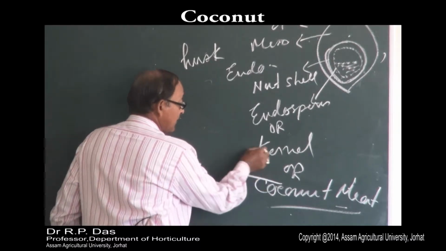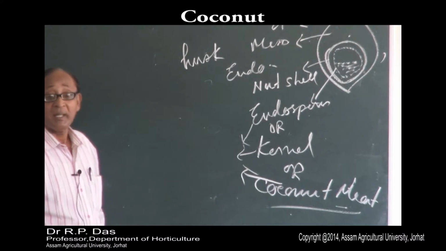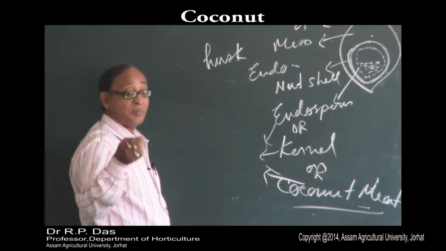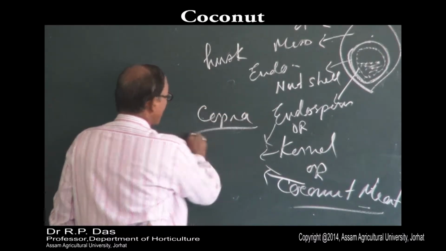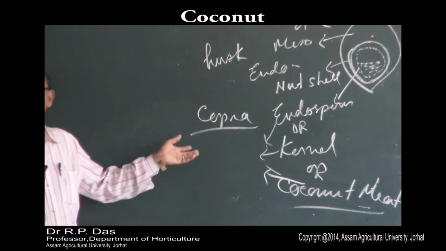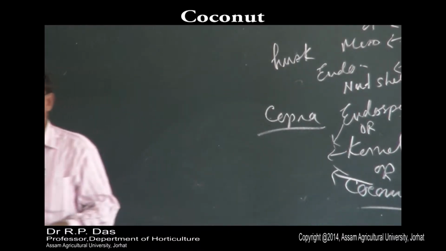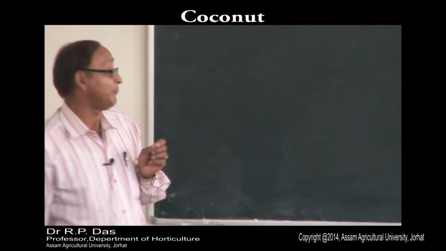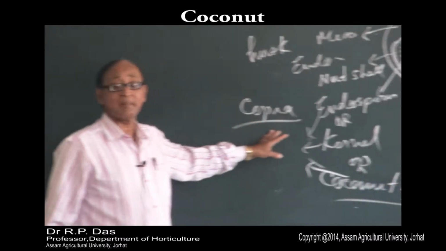But this kernel or endosperm or coconut meat is widely used in industry for preparation of oil, soaps, glycerin, then it is known as copra. So copra is the dehydrated coconut meat, and this terminology is used for industrial purposes.